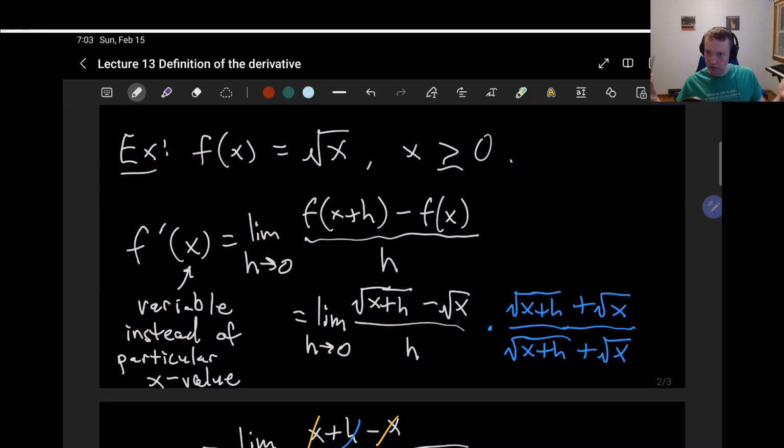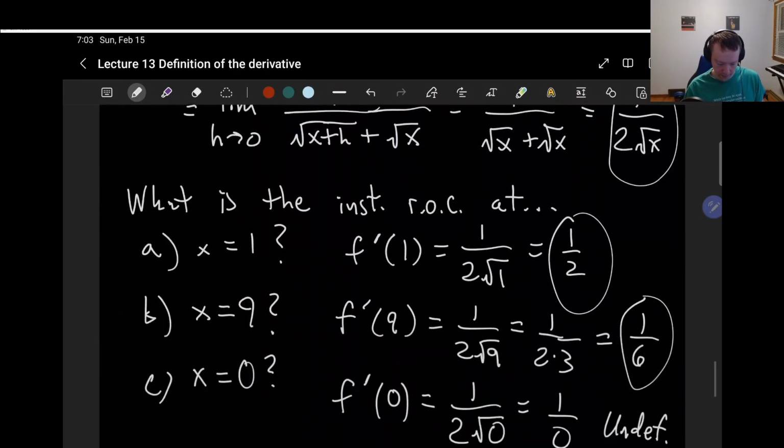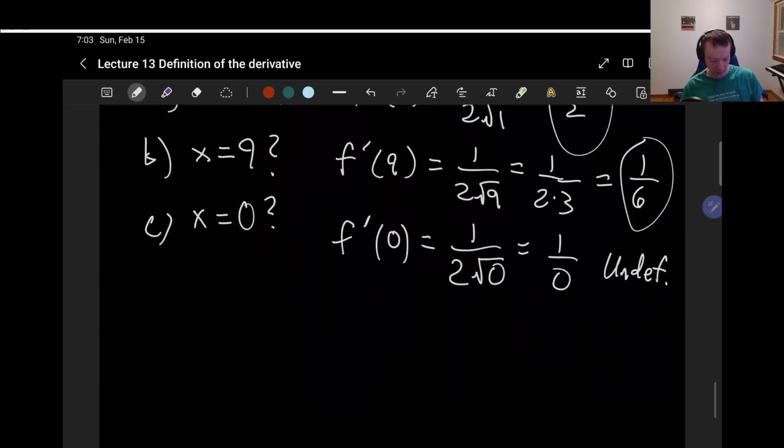So for x values which are in the domain of our original function, there's only one which gives us a problem, 0. So f prime of 0 does not exist.